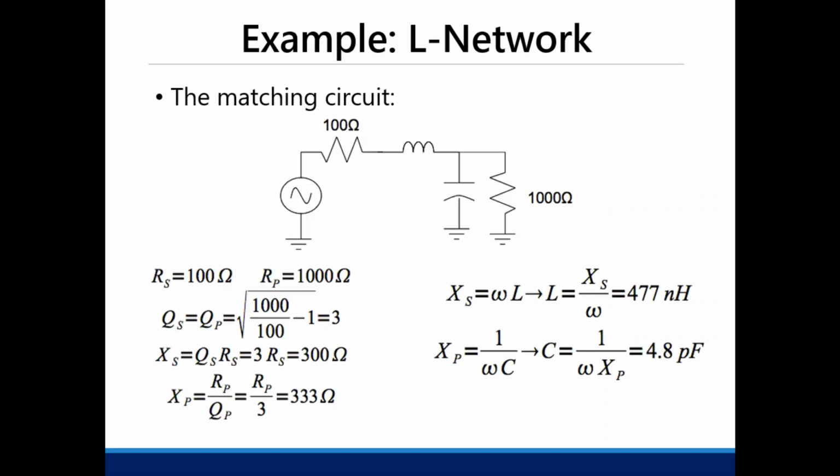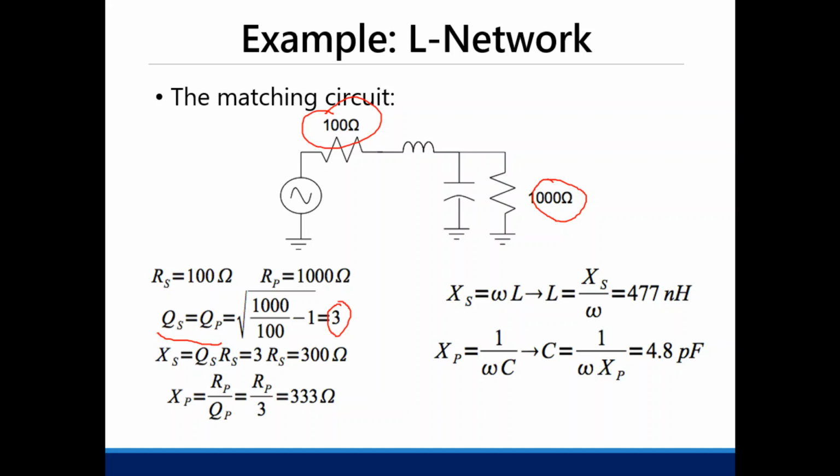This one passes DC. Since it's an inductor, it will be shorted at DC, and the capacitor will be open at DC, so DC can pass through. First, get the Q factor that is needed. The Q factor is equal to the square root of your parallel resistance over your series resistance minus 1, so the Q factor is equal to 3.